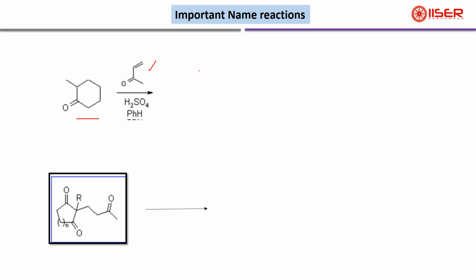In presence of base, usually there is an H here and there is an H here.